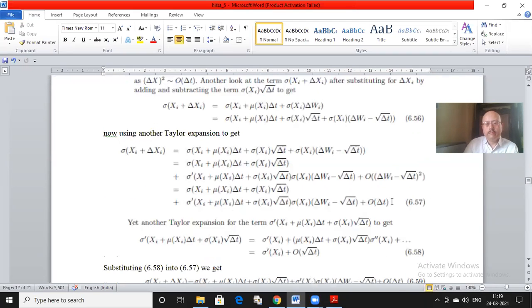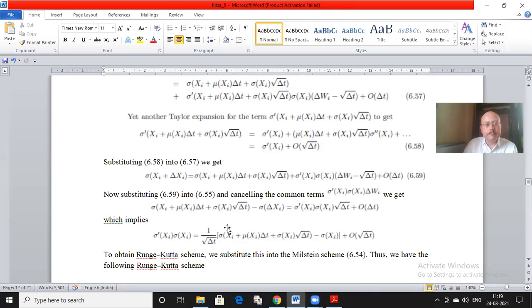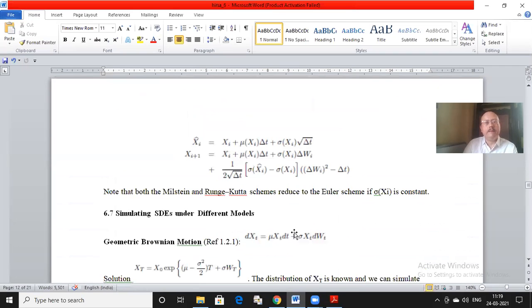So what we finally do is we plug this expression back into 6.54, the Milstein scheme, and we finally get what we call the Runge-Kutta scheme. Runge-Kutta scheme gives me xi plus 1 equal to xi plus mu plus sigma, these terms as before.